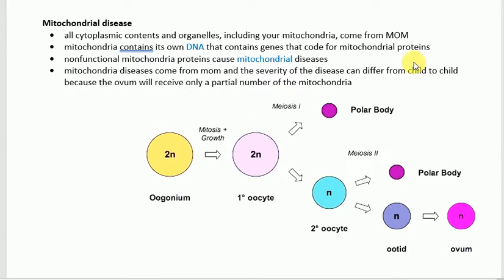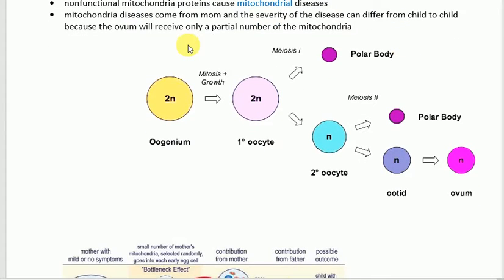So what that means is, let's say we have this oogonium that is going to go through mitosis, and in that we've got these mitochondria. Okay? And we're going to say that this has the mitochondrial disease. When we go through meiosis 1, we're going to lose a polar body, which means that we're going to lose a mitochondria.